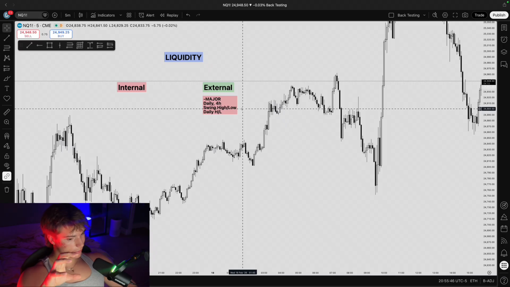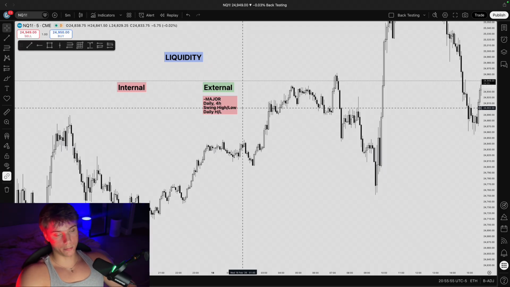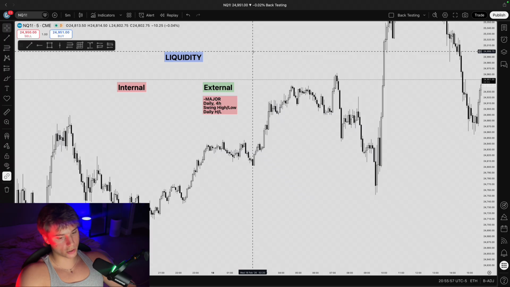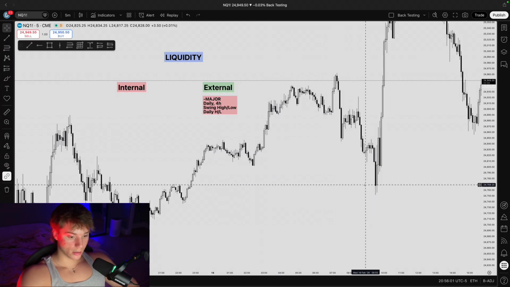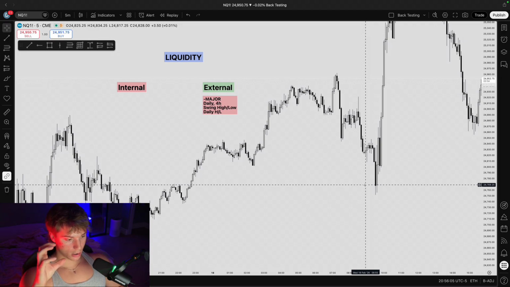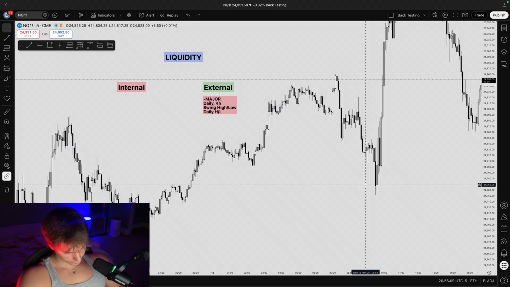Lower time frame is going to give you your entries. High time frame is where stuff actually happens. So the major banks are going to be getting in on the 4-hour and above time frames. They don't trade in the little time frames. So whenever you see liquidity that is external, you know it's going to be stronger, because that is where the banks are going to be getting in.